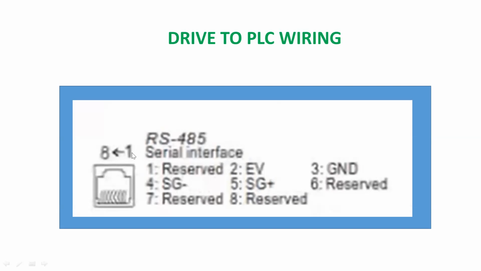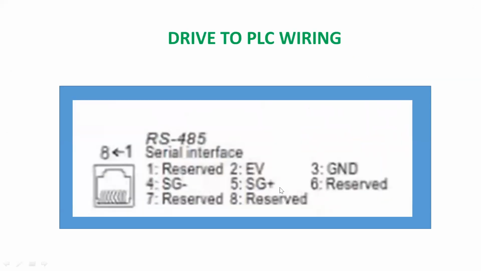From first to 8. In that we need to connect 4 and 5. 4 and 5. 5 is plus, right? We need to give it to the COM2 plus itself. Minus is there, the fourth one. The fourth one we need to connect to the minus of the PLC component. Okay.